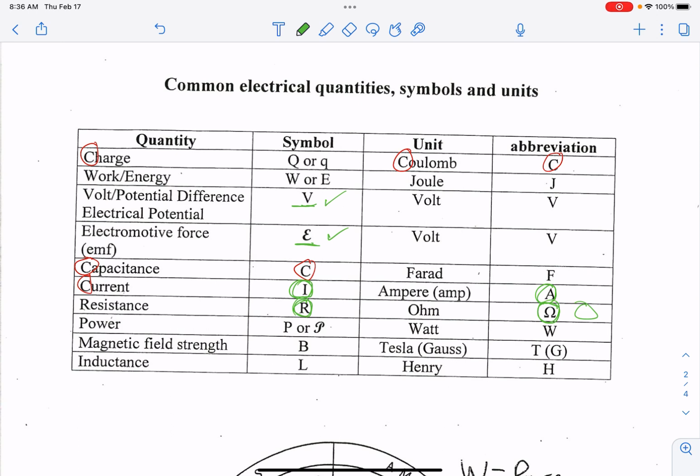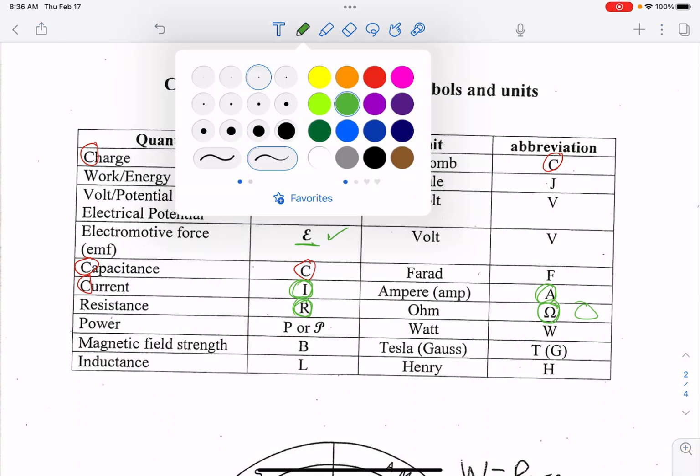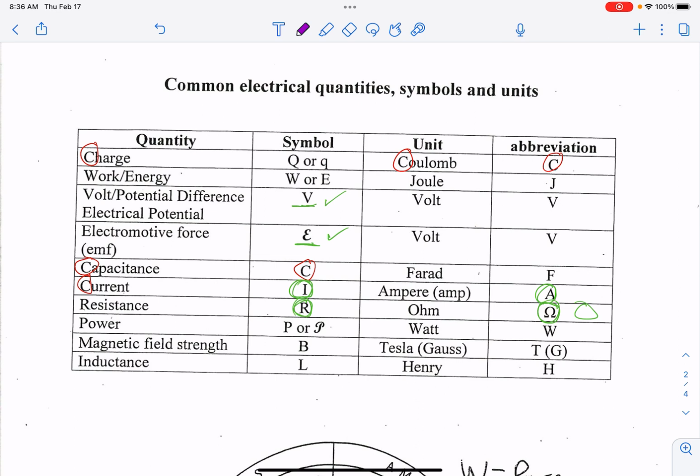The last thing that I wanted to point out from this chart is all of the different names. The French physicist Coulomb, English physicist Joule, Italian Volta, Alessandro Volta. The Farad is from English physicist Michael Faraday, devout Christian man. French physicist André Ampère, German physicist Frederick Ohm.